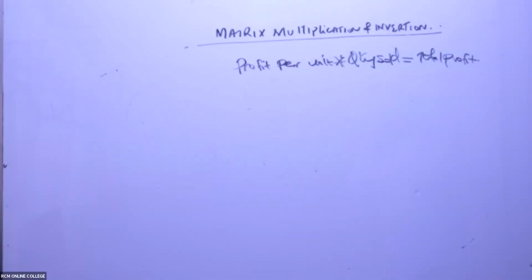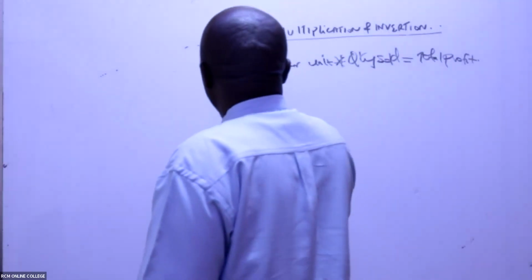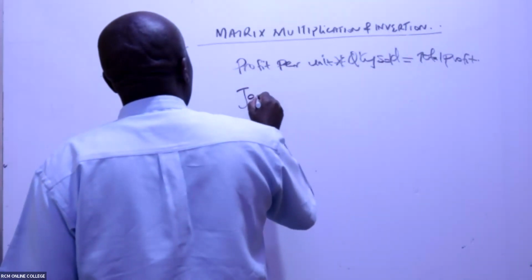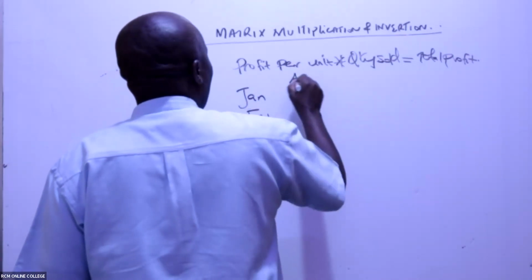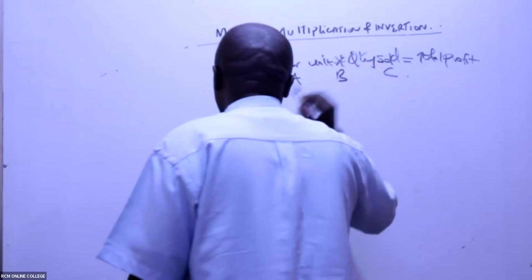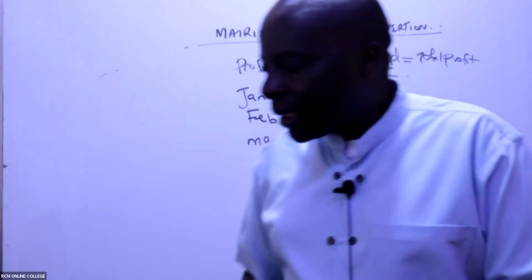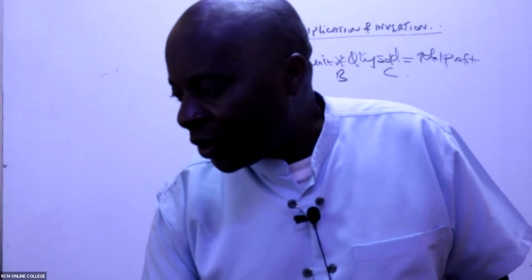This profit per unit has been given on a monthly basis. We have January, February, and March, for products A, B, C, in the form of a matrix. They are telling us the company presents the profit per unit of the products: 2,000, 3,000, and 4,000 for A, B, and C, respectively, during the month of January 2022.